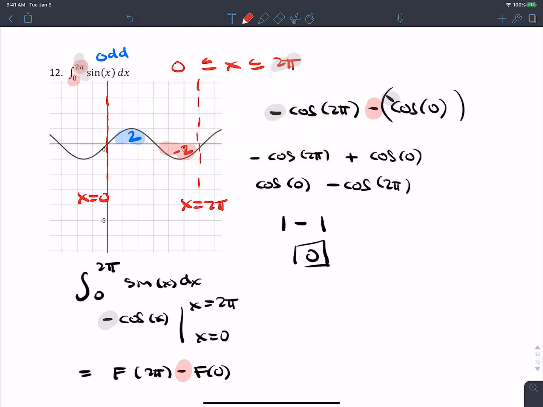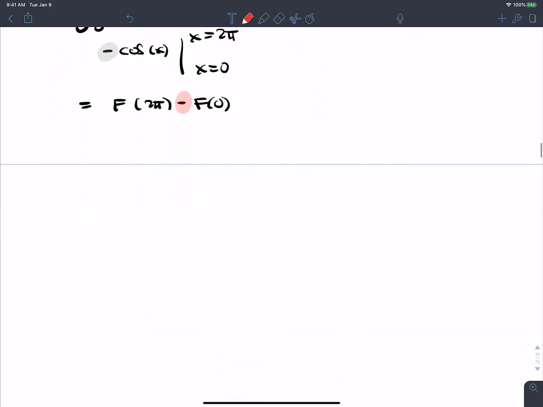That'll be negative 2, so sure enough, that happens as well. So you had 0 naturally, even though the interval wasn't symmetric. That came out to be 0, but you're finding net area. That happens sometimes. Okay, I want to point out, though, this is not a symmetric interval, so don't just think that anytime you integrate cosine or sine, it's going to be 0. Okay, good.